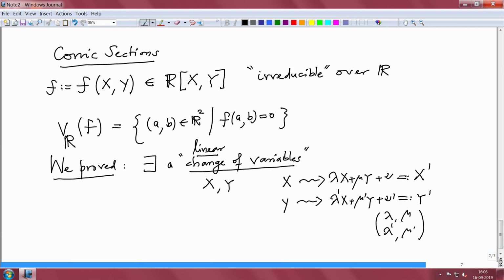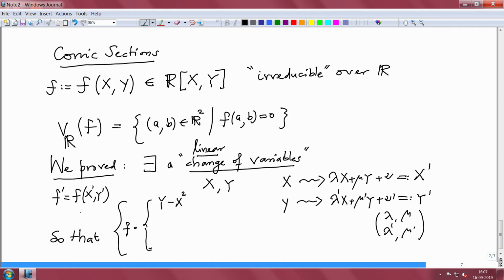And how do you do this? I will not repeat that process here, but what was the need to do this? So that this polynomial looks simpler. When I make the change of variable, the new polynomial f prime, f of x prime y prime, will look like one of 3 cases: y minus x square.